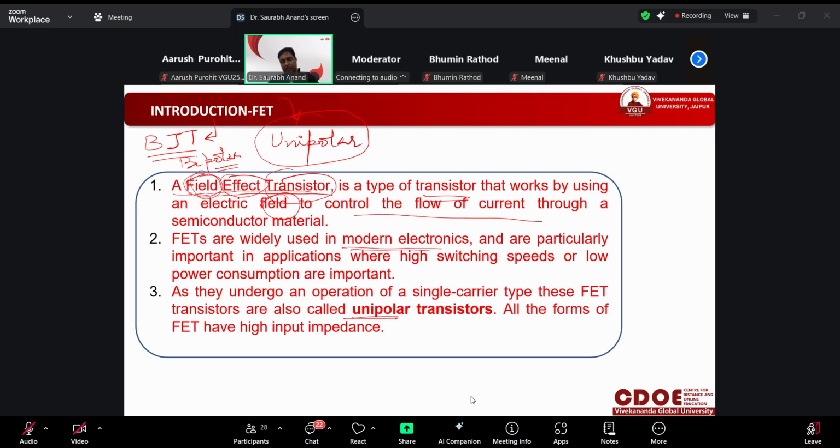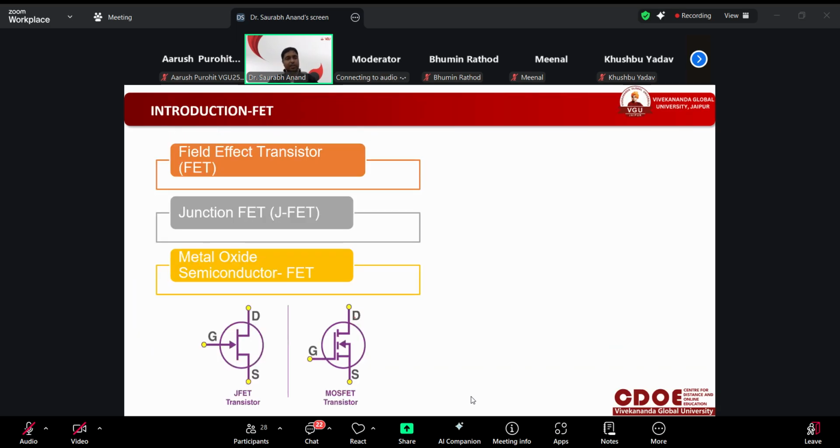How we develop or use that, we will study here. FET basically, initially, anything has two types, but in the beginning there will be only one.